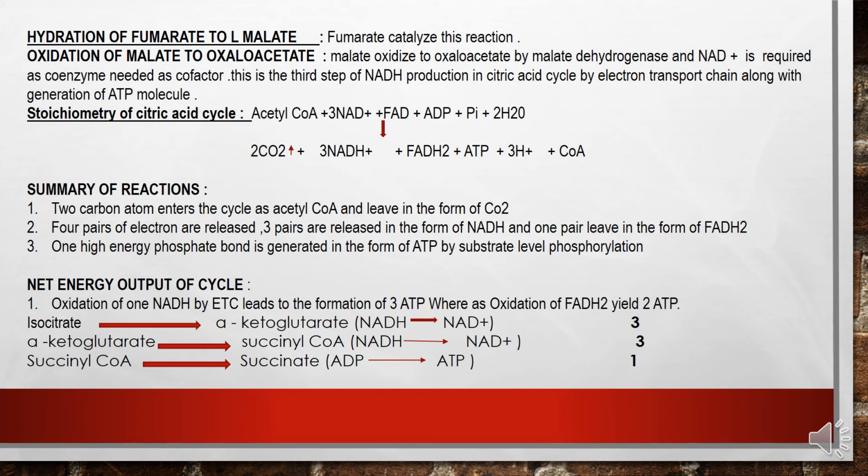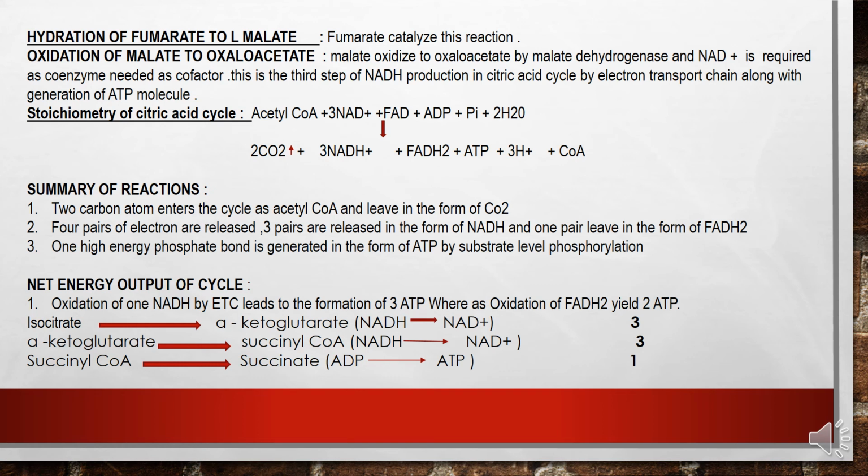Net energy output of the cycle: oxidation of one NADH by ETC leads to the formation of 3 ATP, whereas oxidation of FADH2 yields 2 ATP. Here, isocitrate gets converted into alpha ketoglutarate, where NADH is formed and 3 ATP get released. Alpha ketoglutarate gets converted into succinyl coenzyme A, NADH again, and 3 ATP get released.